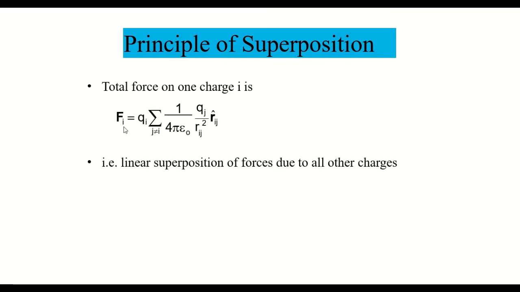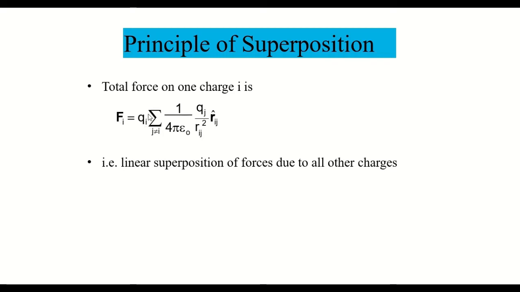Here Fi is the resultant force by the superposition principle. So by the superposition principle we can write Fi equal to F1 plus F2 plus F3 plus F4 and so on. The number of charges which act on that charge we have to sum. So this is about the superposition principle.